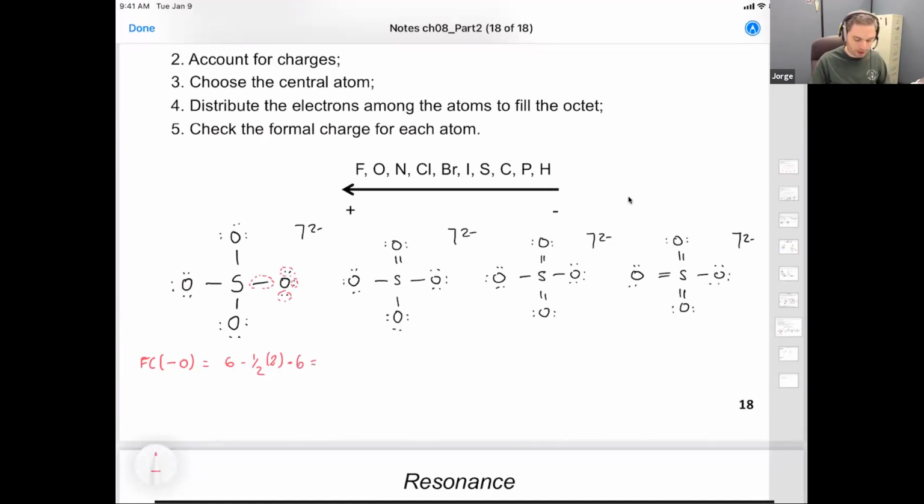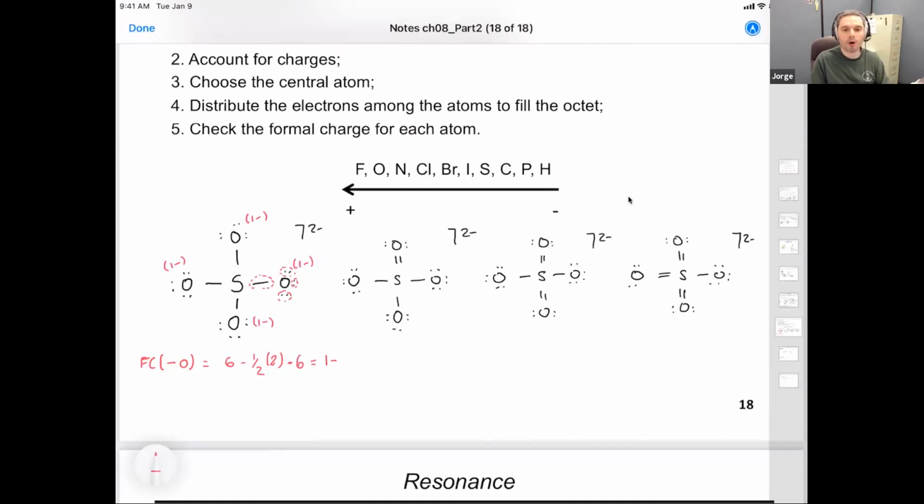Therefore, the formal charge for the oxygen connected to the sulfur through a single bond is going to be 1 minus. And I'm going to write this way, in between parentheses on the top right corner of the element. All the other 3 oxygens are connected the same way, therefore the formal charges are the same.